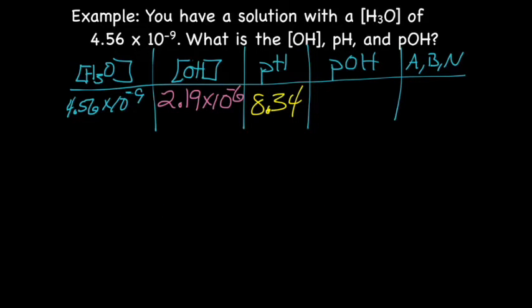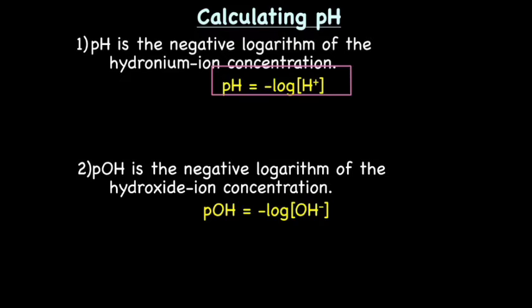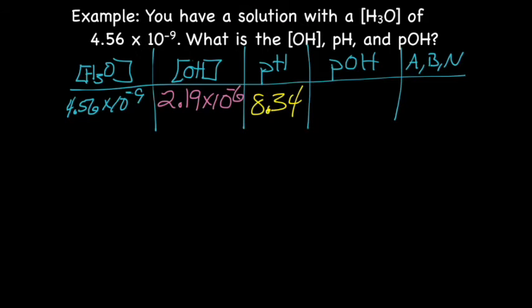Now let's see if we can solve for pOH. To calculate pOH, we can use pOH equals negative log concentration OH, and we do have that information.